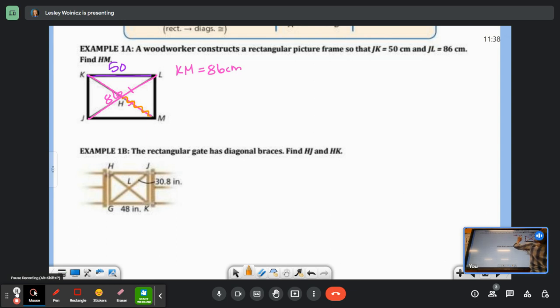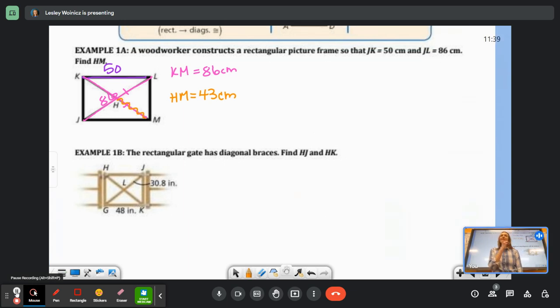What is half of 86? 43. So the reason that worked is because a rectangle is a parallelogram, and we learned on our parallelogram day that the diagonals of a parallelogram bisect each other.